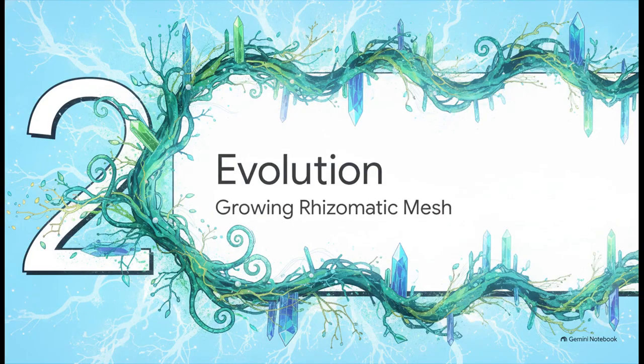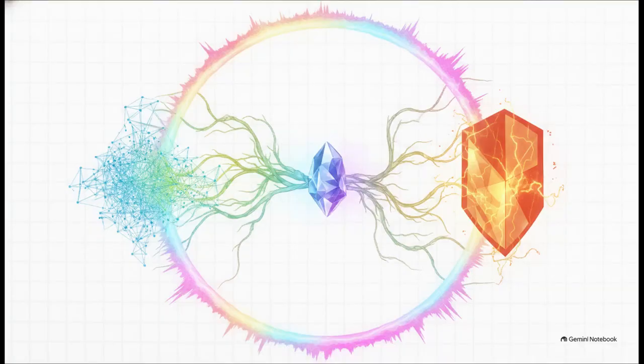Section 2. Evolution, growing the rhizomatic mesh. Okay, so how does a microscopic seed become a macroscopic network? The sources actually give us direct access to the MIA codebase, which brilliantly illustrates just how autonomous this system really is. You've got MIA seed_bootstrap.py, which loads up that initial invariant core.